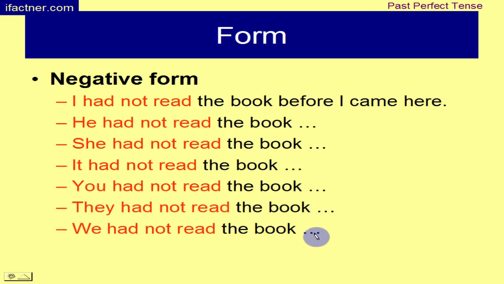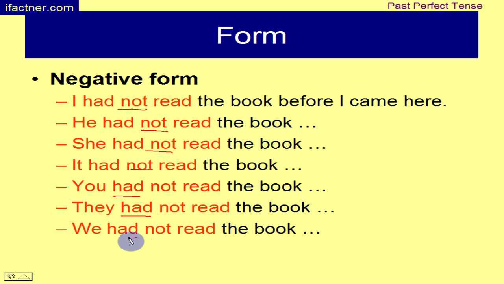Let's see it in detail with different pronouns. I had not read the book before I came here. He had not read the book. She had not read the book. It had not read the book. You had not read the book. They had not read the book.